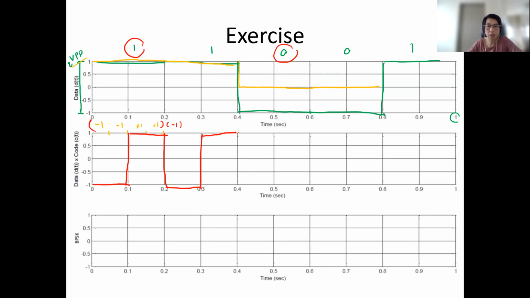So it should be plus, minus, right? It should be 1, -1. And you continue with bit 0. This is wrong.